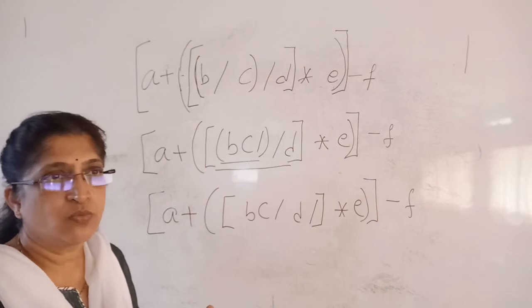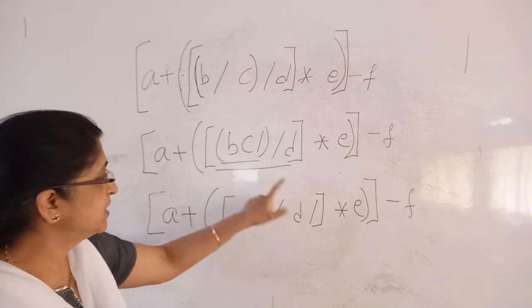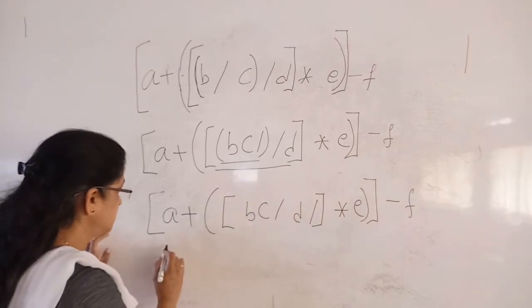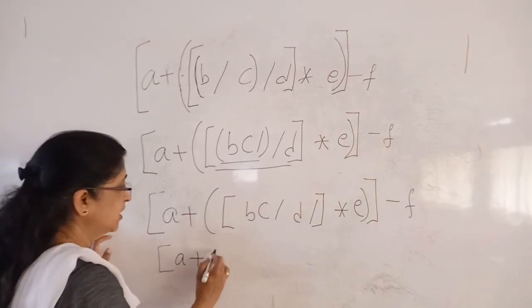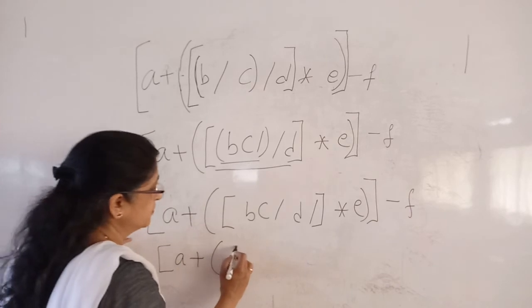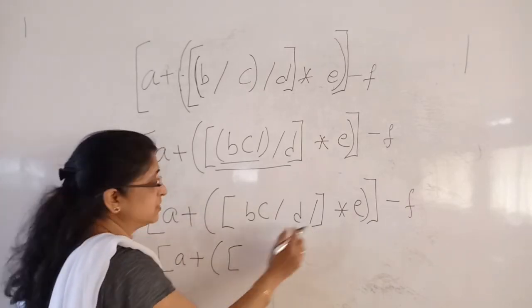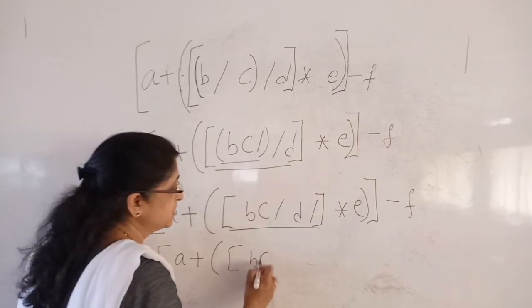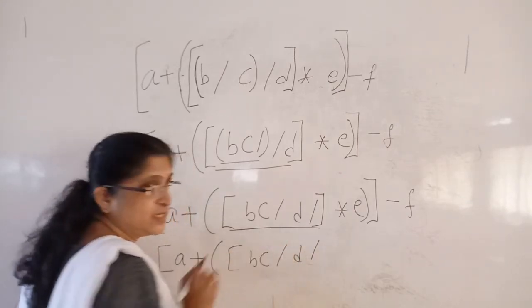Now, which is the next one we have to convert? The next innermost parenthesis is for multiplication. So write this: A plus. For the multiplication, this is one operand. So write the first operand, it is BC slash D slash.